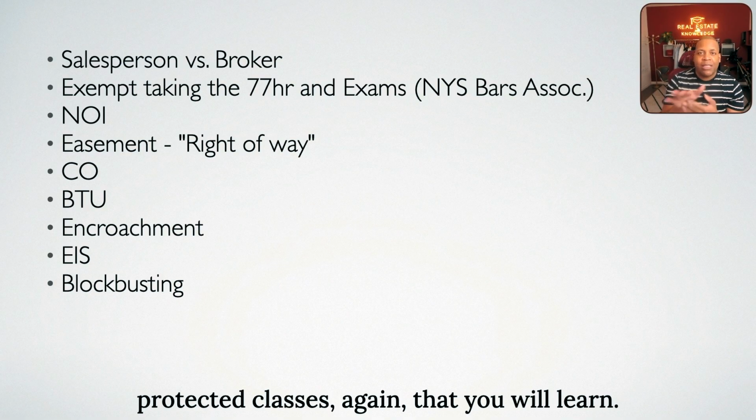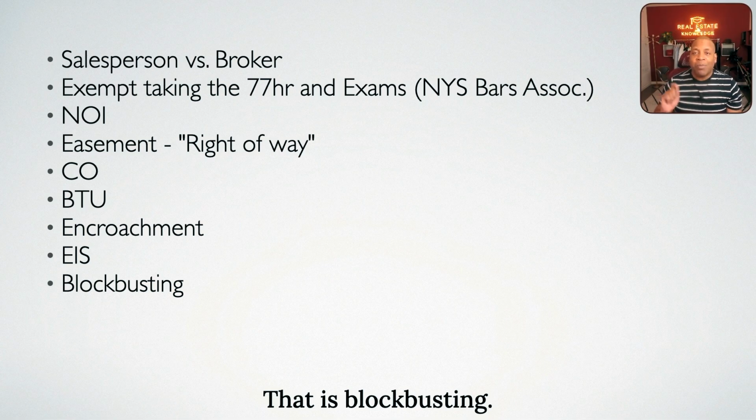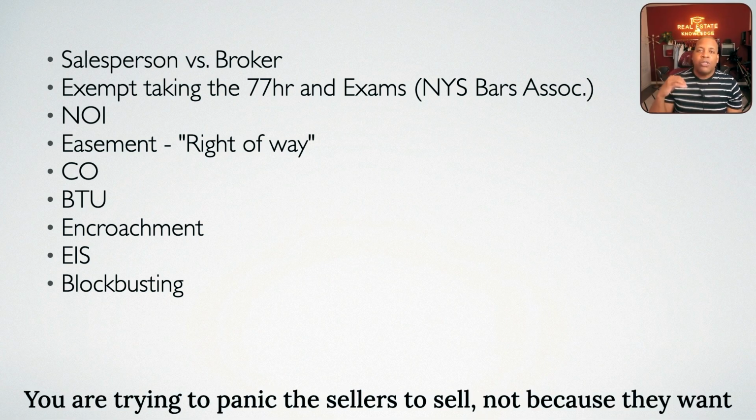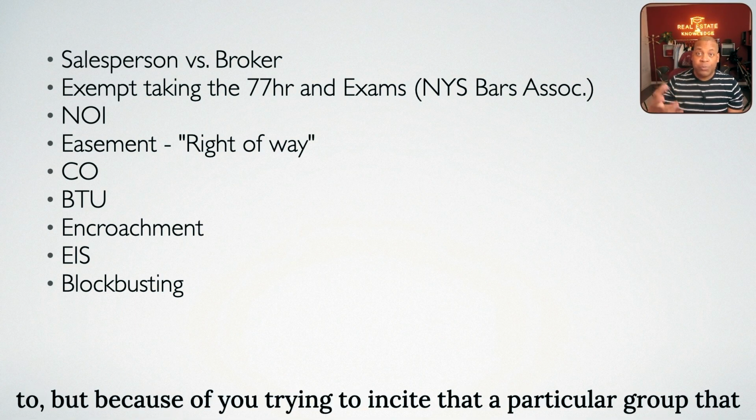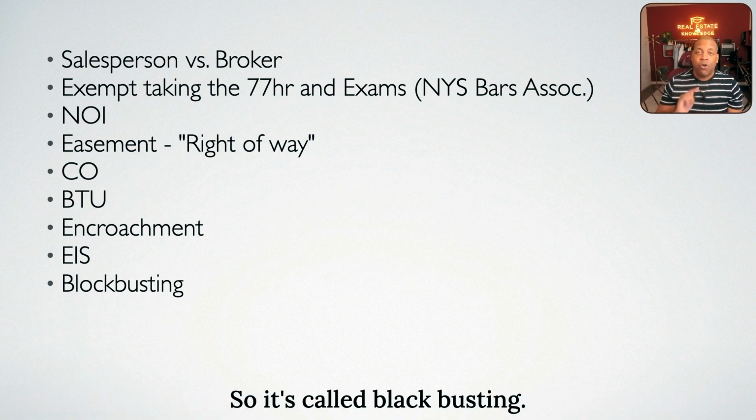There are a lot of protected classes that you will learn, and we're going to cover some of those in this presentation. That is blockbusting. You are trying to panic the sellers to sell, not because they want to, but because you are trying to incite fear about a particular group that you believe they're not going to want in their neighborhood. So it's called blockbusting.